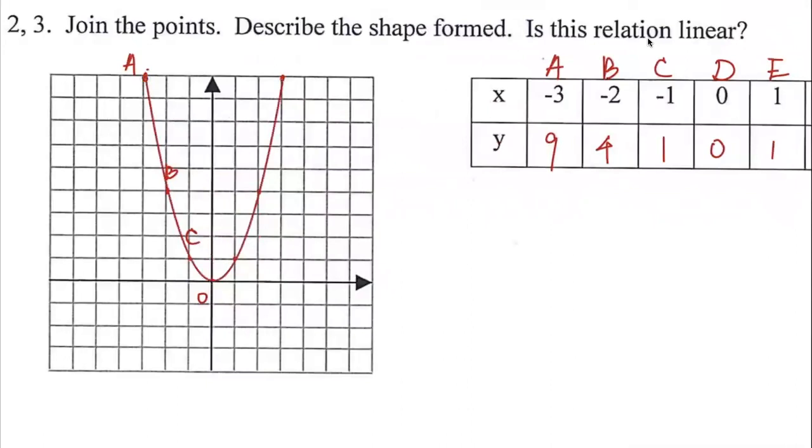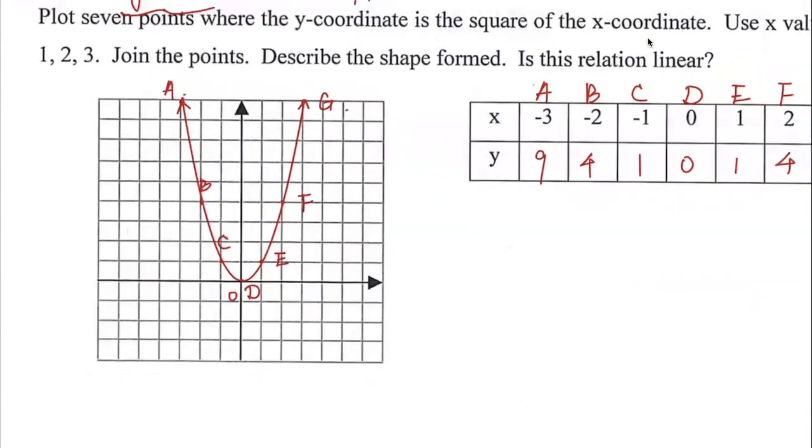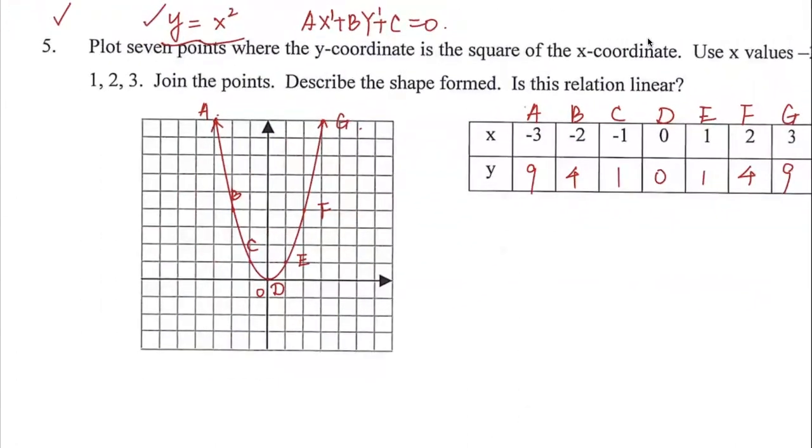So this graph, let's call the points D, E, F, G, is the graph of y is equal to x squared.